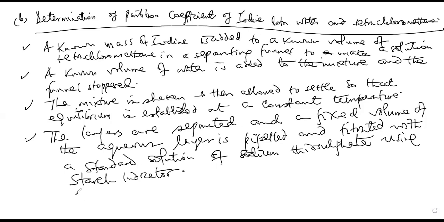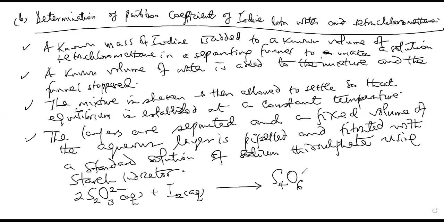Meaning we shall have thiosulfate ions from sodium thiosulfate reacting with iodine, which has been dissolved there. We shall form tetrathionate ions, S4O6 2-, plus 2 iodide ions.